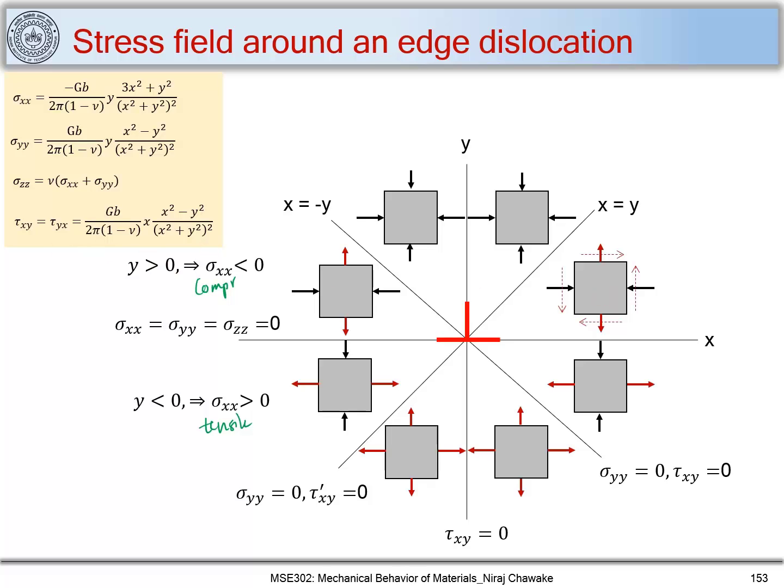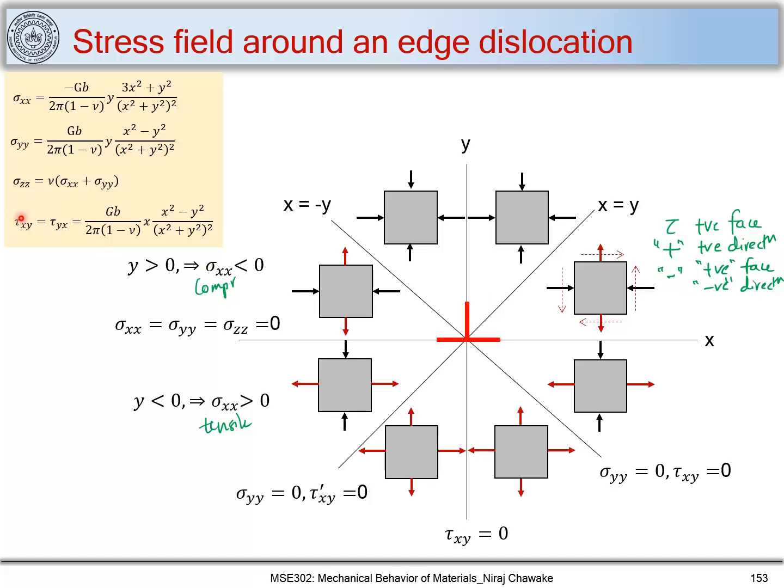If you go and look at the conventions, we have mentioned that for positive tau, it should act on a positive face and along positive direction. And for negative tau, it should act on a positive face along negative direction. This was the convention which we followed for marking tau.